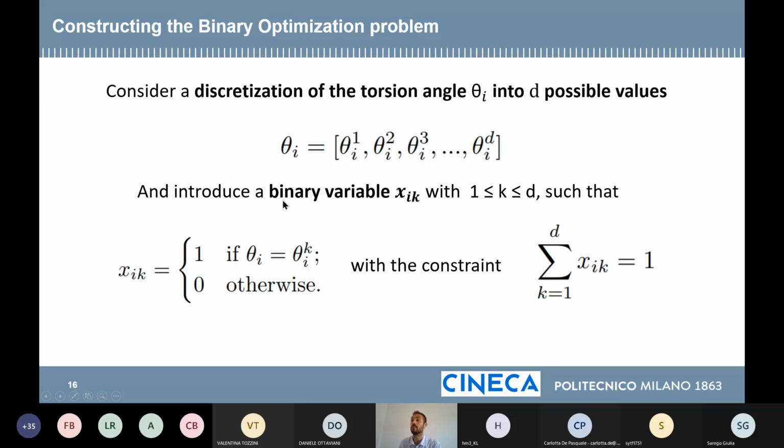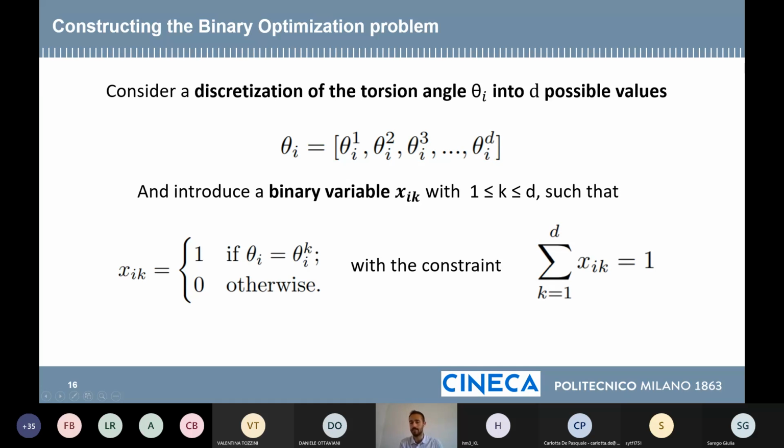We introduce a binary variable x_ik, which is 1 if torsion angle theta_i assumes value k, theta_ik, and 0 otherwise. The constraint should be this one, because among the possible values that an angle can have, only one should be active at a given time. We don't want angles to have multiple values, because that has no meaning. So we put the sum over x_ik equal to 1.